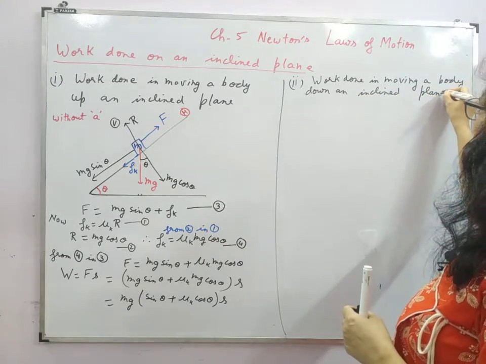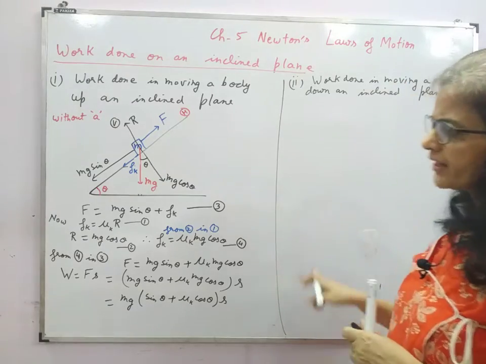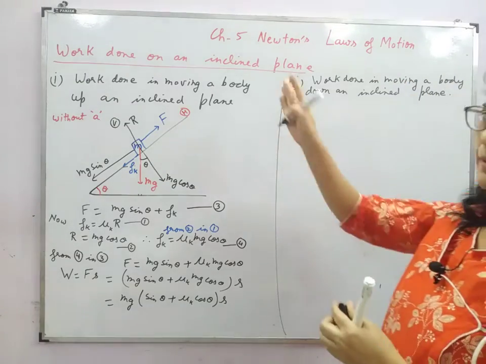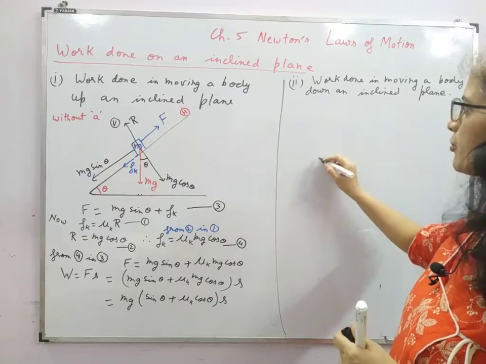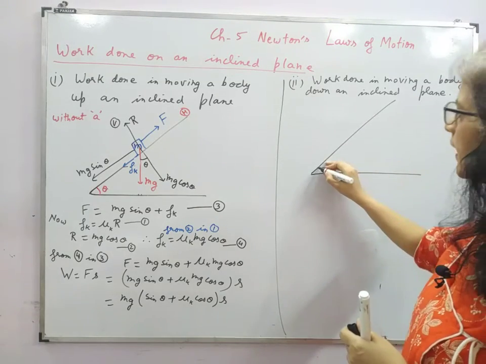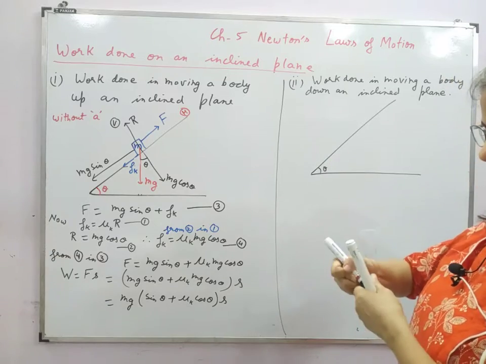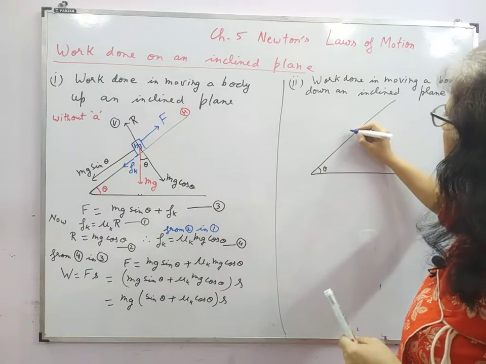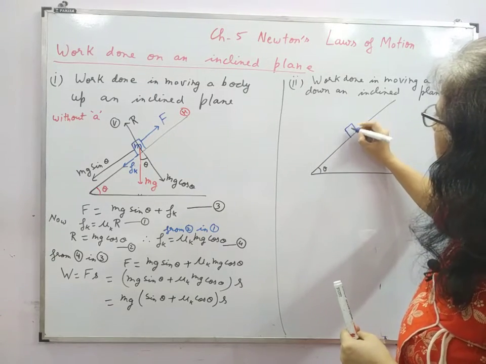Why am I solving this on the right side? So that you are able to compare the two cases. So I am drawing the diagram here. Inclined angle theta. Let's mark this mass m.